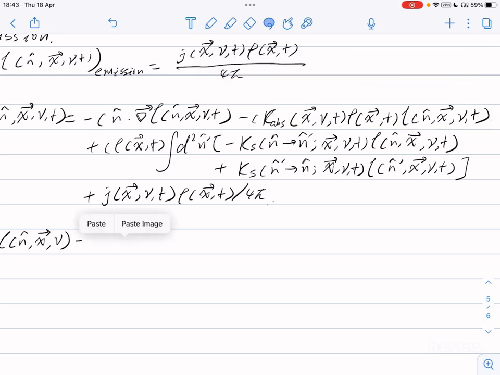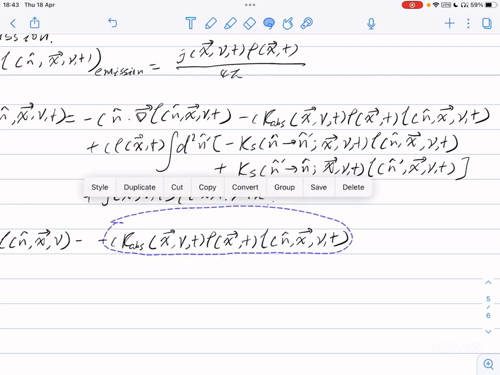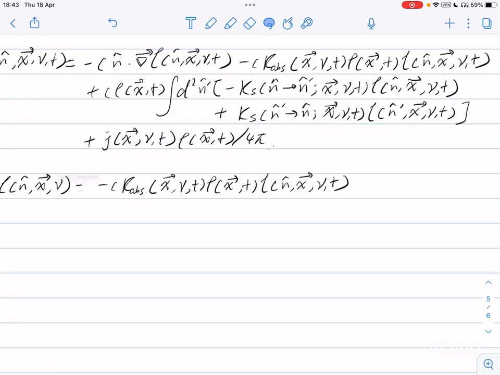Copy, paste. Only need a little change. No t here, no t here, no t here.